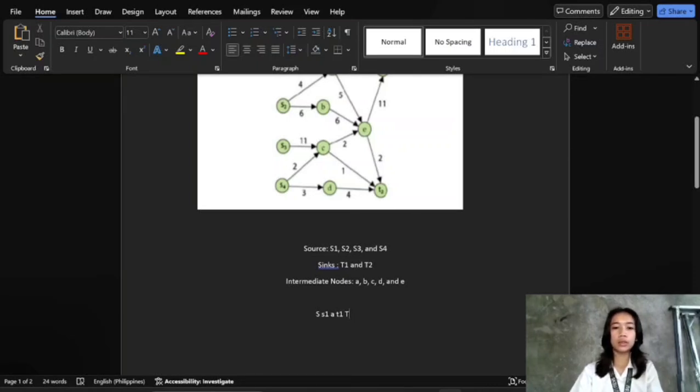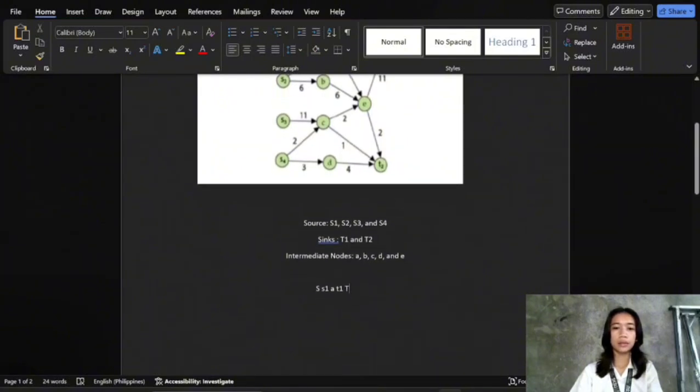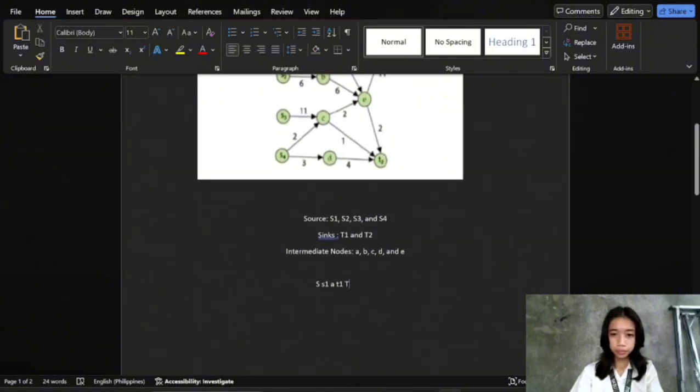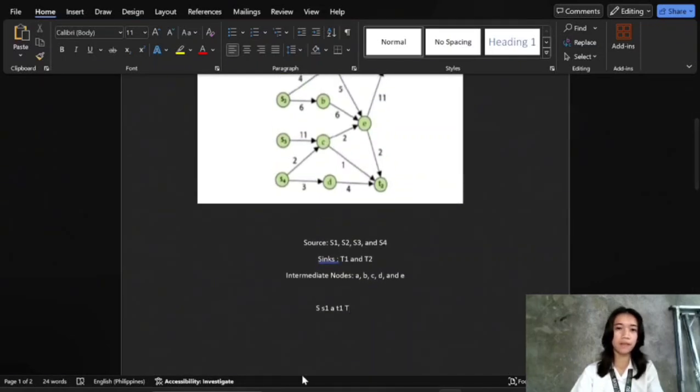Magko-continue lang ito hanggang wala nang path na nag-exist sa graph.